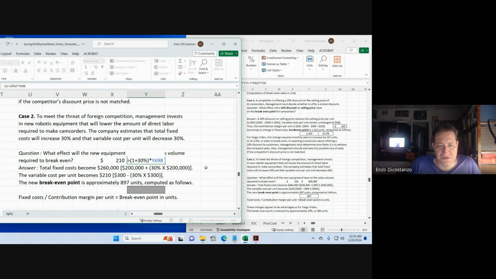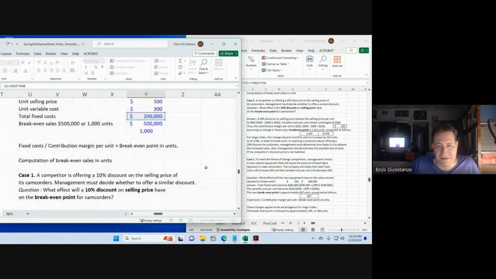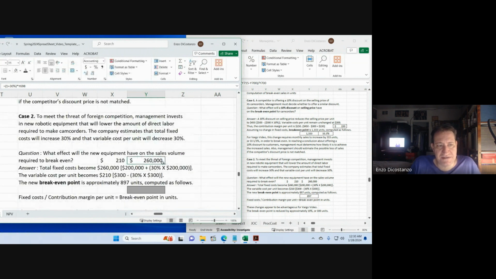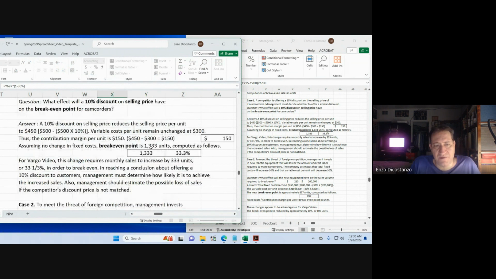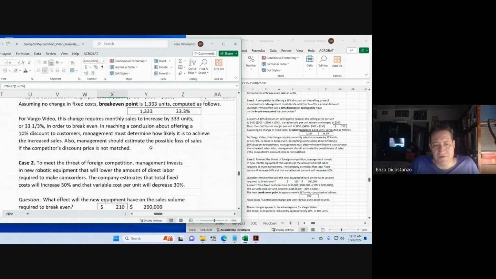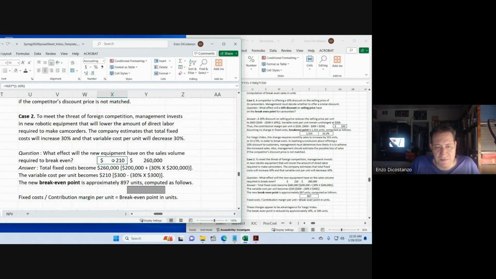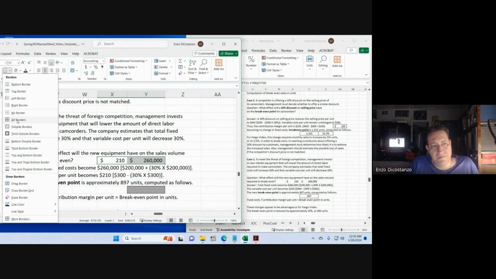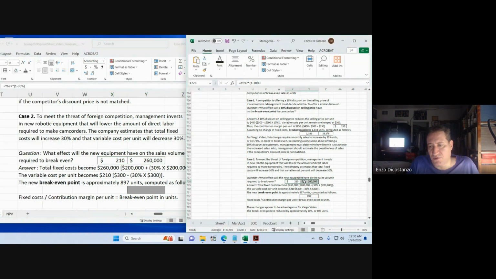The formulas are here: 1 plus 30% times your 200,000. And the variable, instead of 300, is 1 minus 30% times 300, which is how you get your 210. These should have been bordered like that.